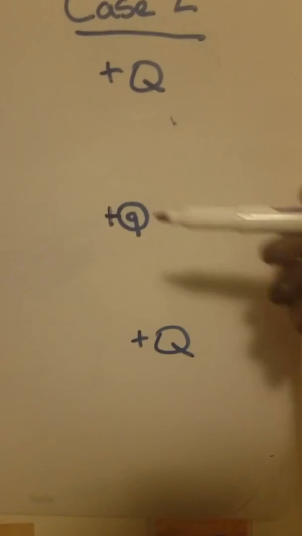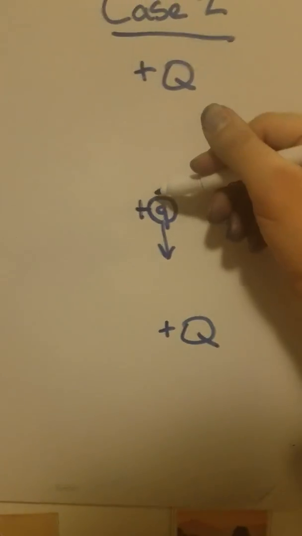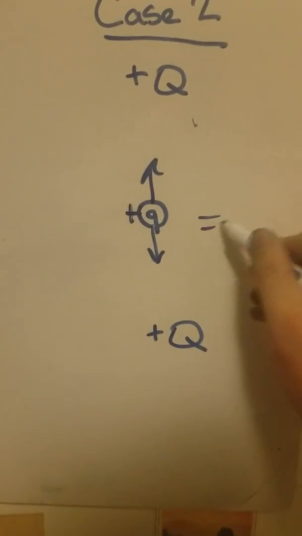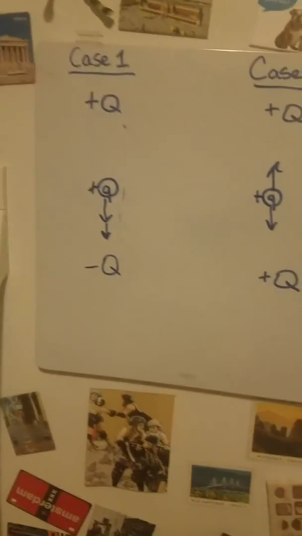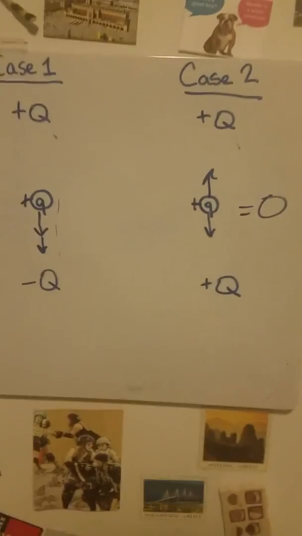In this one, if this middle q is positive, it's repelled by the top one, and it's also then repelled by the bottom one, and so our net force here is 0. So if it's positive in the middle, the answer is definitely that this has a force on it, this does not. Now let's test it if it's negative in the middle.